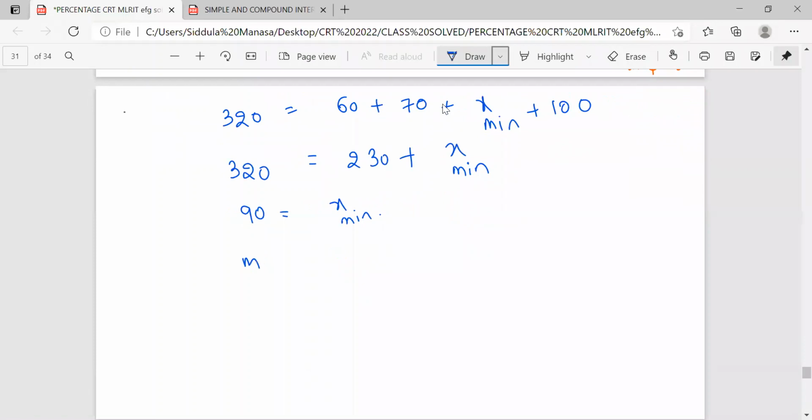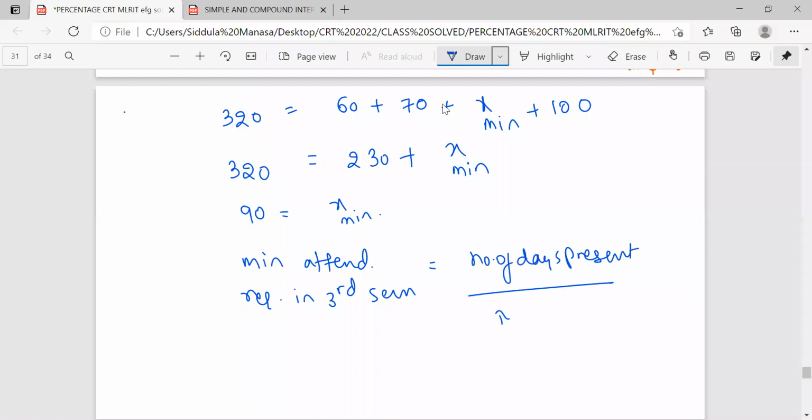So minimum attendance required in third sem is equal to number of days present by total days into 100. So number of days to be present is what? 90, and total days are what? 100 into 100. 100 cancel. 90 percentage is the answer.